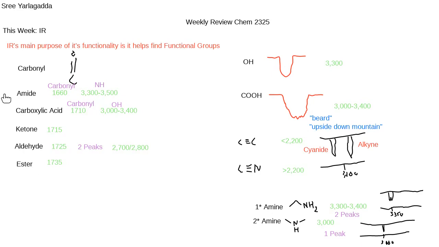For ester, it's slightly harder or not as apparent, but it has an overtone. An overtone is basically like a little bump at the very top, and I'll draw what I mean.